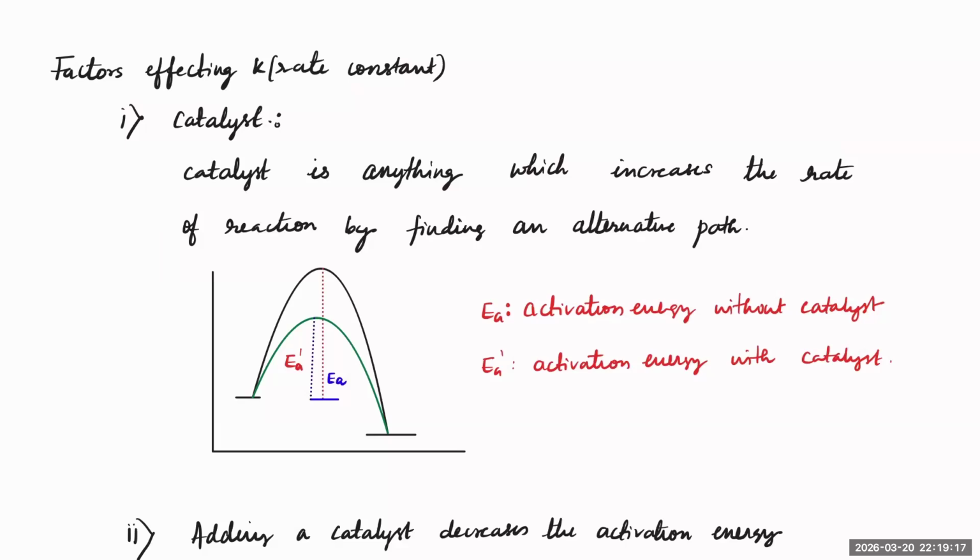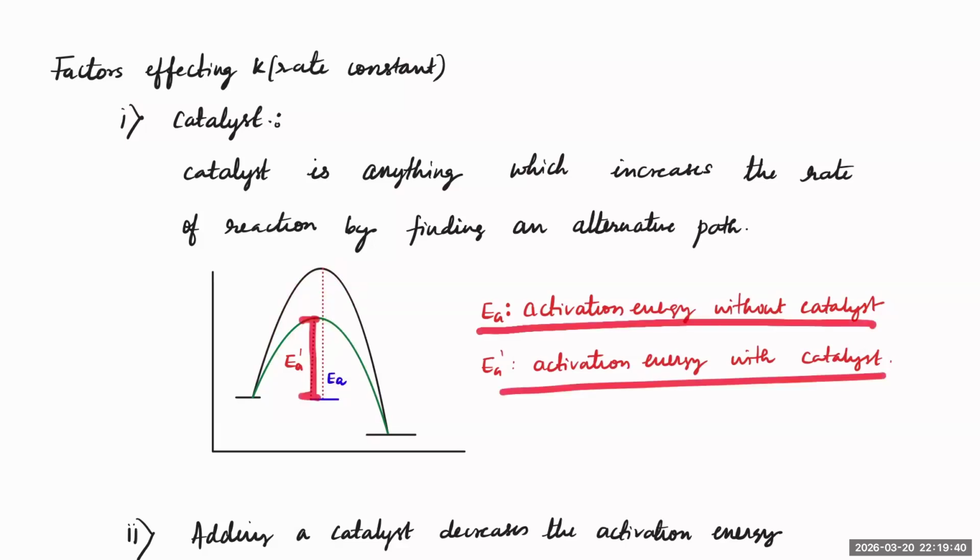Got it? For example, if this is a reaction from reactants to products originally without catalyst, it has a high activation energy. But with catalyst, it may have found a low activation energy path. So now this Ea dash, which is with catalyst, is lesser than Ea. Got it?